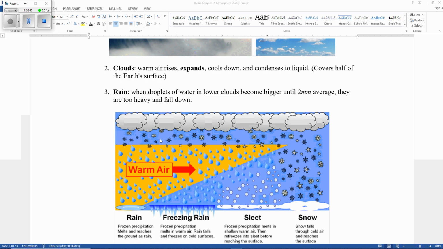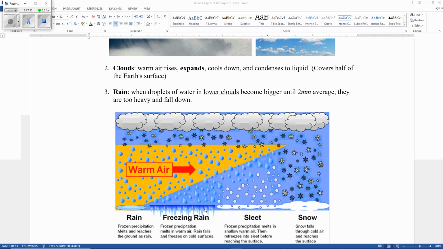And sometimes the air is warm, but the land is very cold. So you start with a water droplet all the way to the ground, then it freezes. We call it freezing rain. That's very, very nasty. Sometimes we even need to cancel school because the road is in very bad condition with ice.